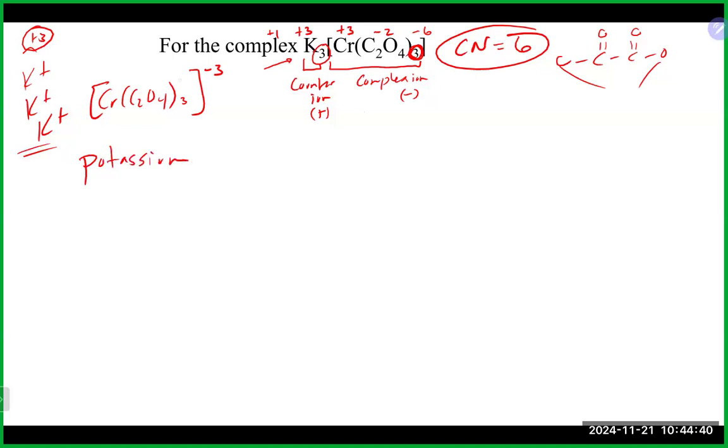Now, when we come to our complex ion part of the name, we do have 3, which you could go trioxalato, which is what our oxalate is called. Here, we would then need to go with a chromate in this case, as that's the name of it, with a Roman numeral 3. So a little potassium trioxalato chromate 3.